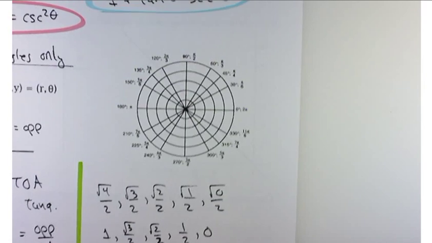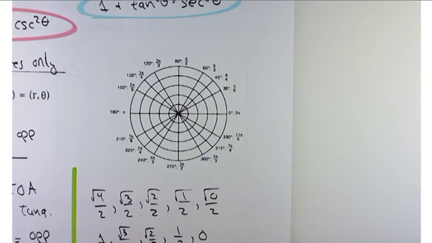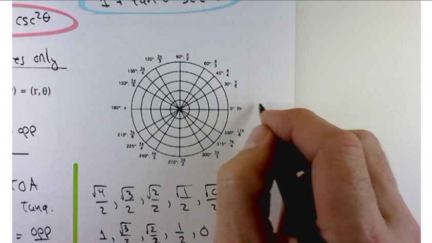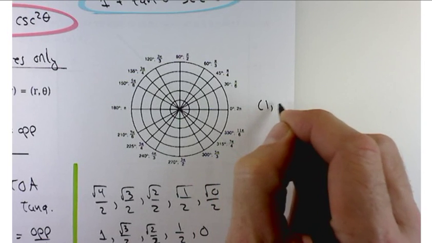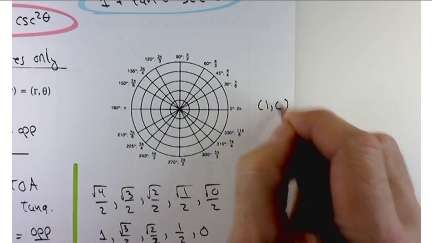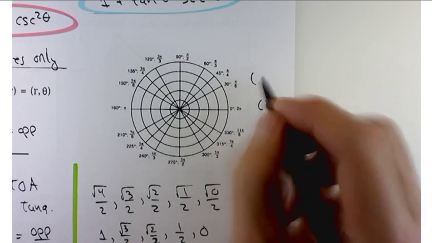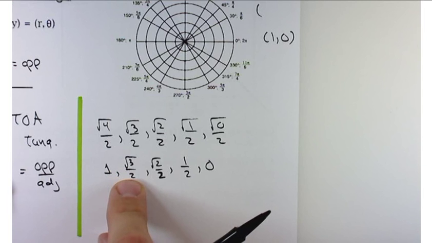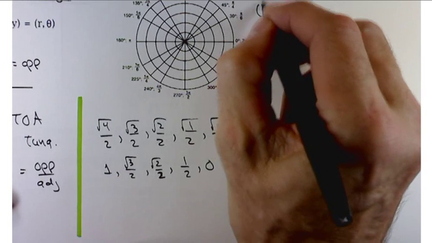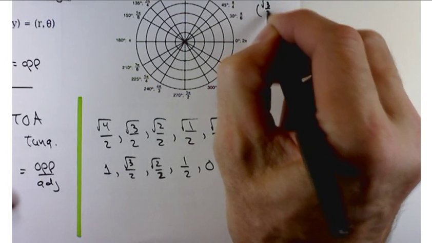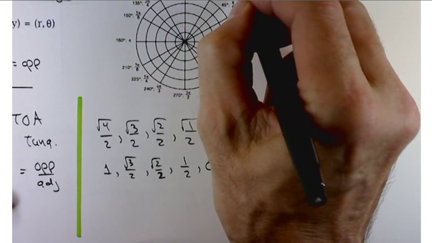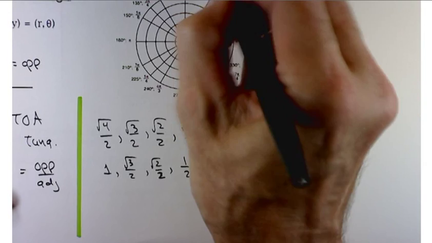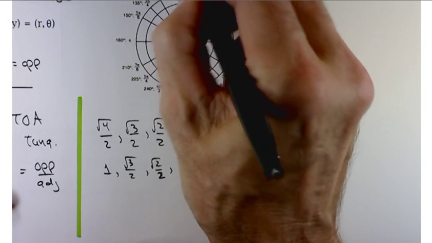Let's start out on the origin at 1 and 0. Yeah, it's going to be a 1 and 0. But then we'll kind of move up here. The next point is going to have coordinates of square root of 3 over 2. And the point after that, square root of 2 over 2, 1/2, and finally 0.